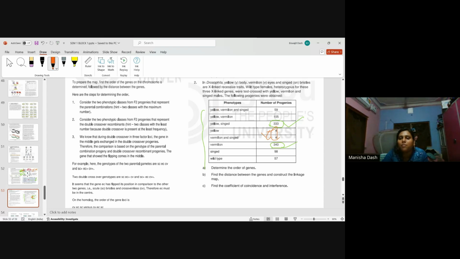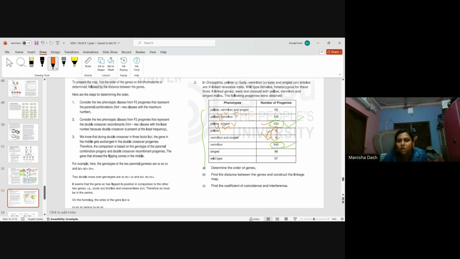So like I will be using this one. Yellow, vermilion and cyan, what should be the genotype here? For yellow, what is the symbol used? Small y. For vermilion, the symbol used is v, and for cyan, the symbol used is sn. Okay. But if you look into the parental genotype, that is the 333, what is the sign? That is having y, sn, and v plus.